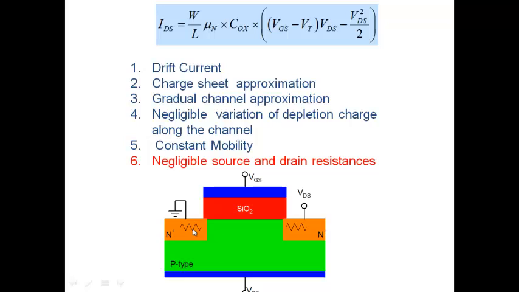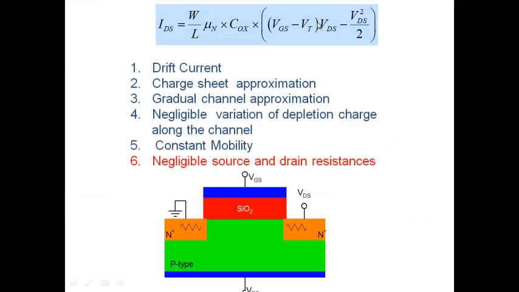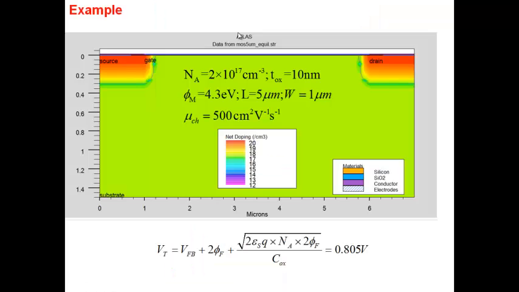If you don't do that, then your characteristics get dominated by RS and RD and not by the channel, which is what you really desire. In the transistor, the current should be determined by the channel characteristics. So that's another assumption that we have implicitly made when we have written simply VGS and VDS and ignored RS and RD.